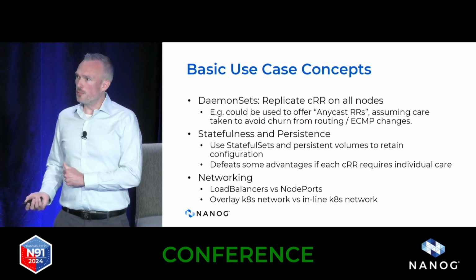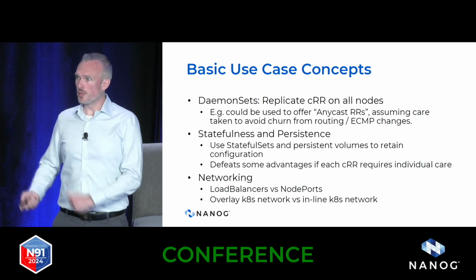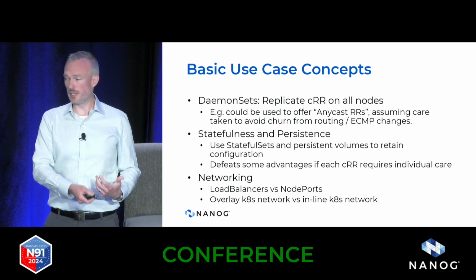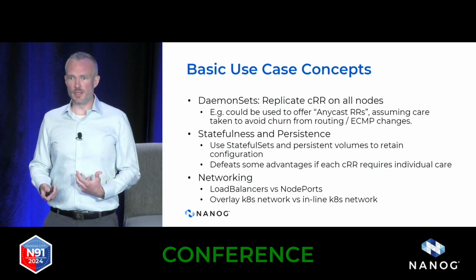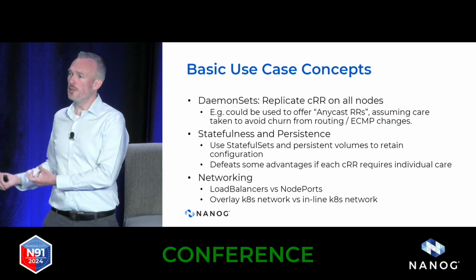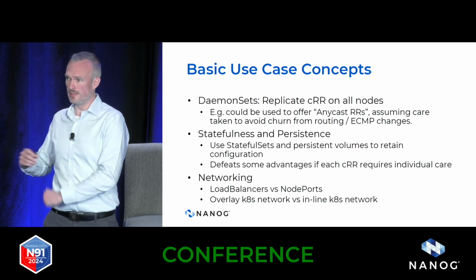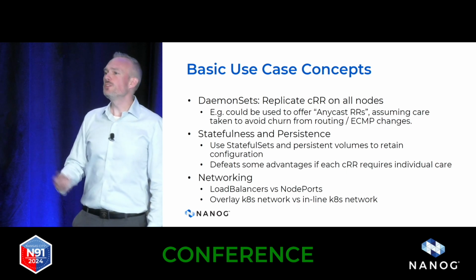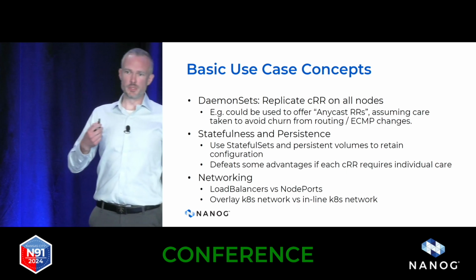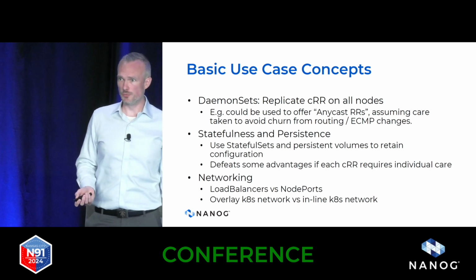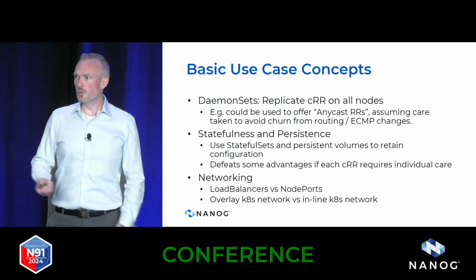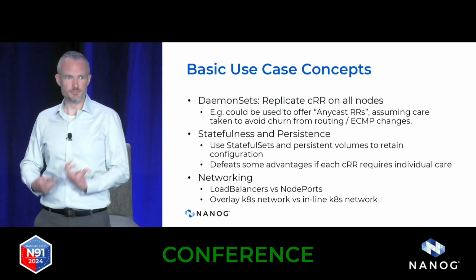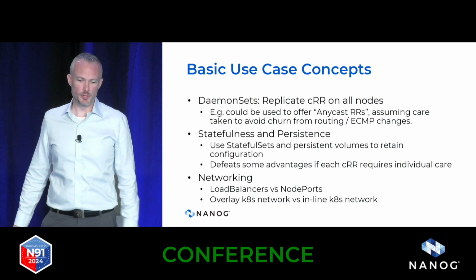Now, I also have an option of using an inline K8s network in which my K8s nodes BGP peer to the physically connected routers and then use an IP space for the pods that resides in the same routing table as my physical routers. Important to note is we still need a way to have a reliable IP address to connect into for our route reflectors. So we're still probably going to use something like a load balancer to create that IP address that's reliable.